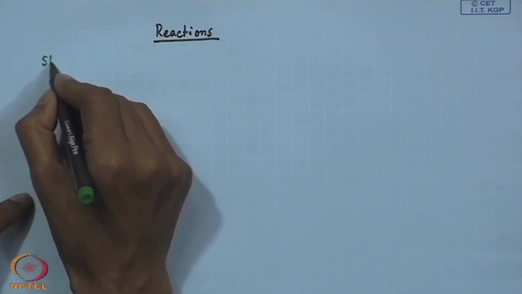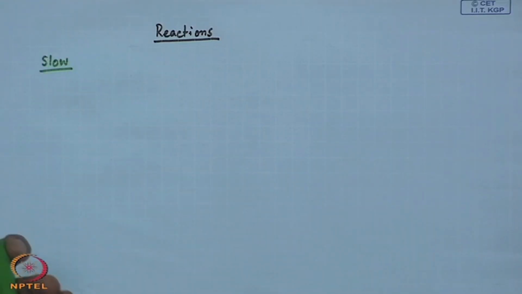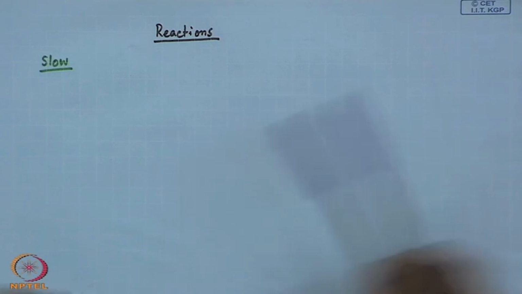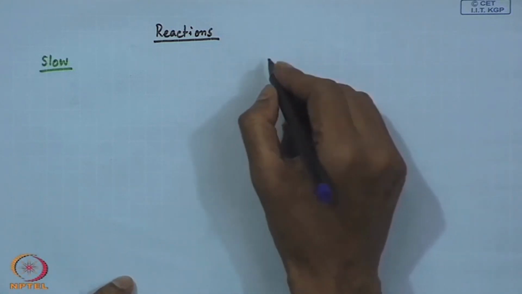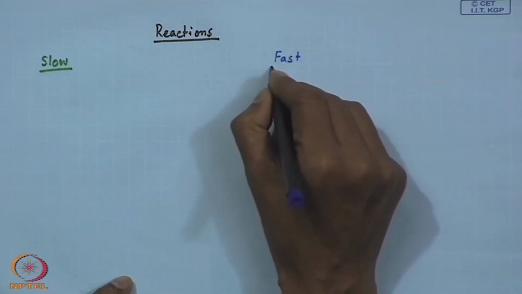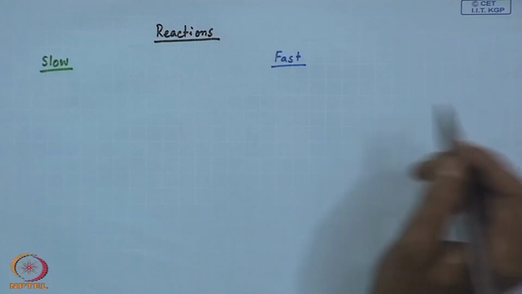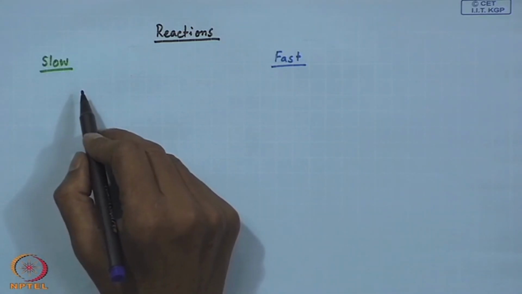Some reactions can be categorized as slow, that we have seen in our last class, and some of these reactions we can consider as fast reactions. So it is the inherent property of the metal ions as well as the ligands which can show some of these reactions.